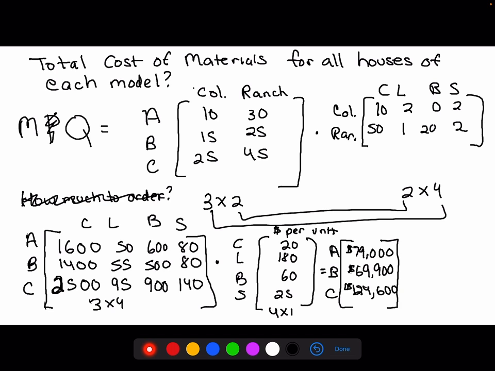If you wanted to go further and figure out how many units of concrete, how many units of lumber, how many units of brick, how many units of shingles, you could go back to what they call matrix T, but you could go back and look at your MQ result and you could add those up. So if you go back over here to the far left, you could add up the results from your MQ.